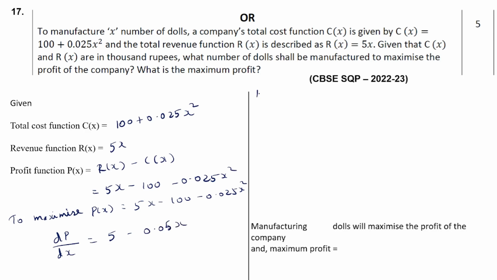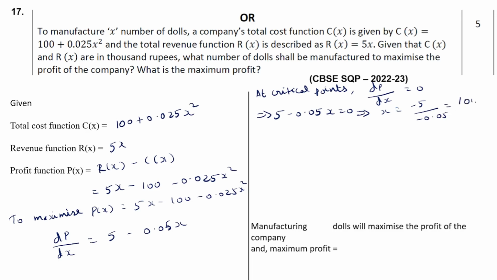At critical points, dp by dx is 0. So from this we get 5 minus 0.05x equal to 0, or x is equal to minus 5 by minus 0.05, which is 100. Therefore, x equal to 100.